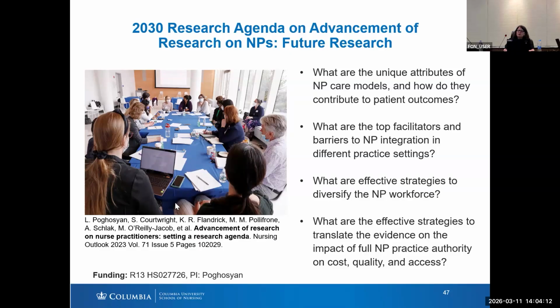So experts were telling us that it's really important to learn how to translate evidence from practice to change patient care on the ground, to translate into better care, cost-effective care, quality care, and how we can also attract different people to come into the nurse practitioner workforce.